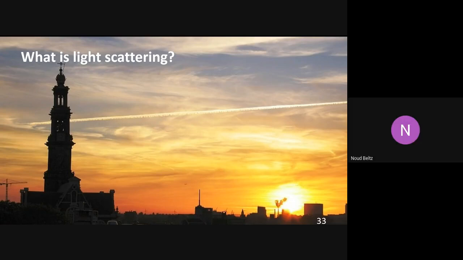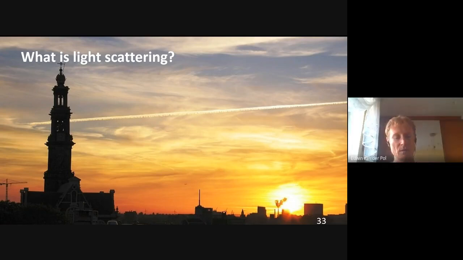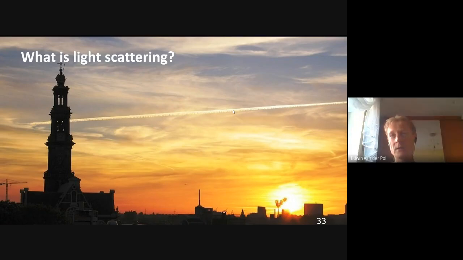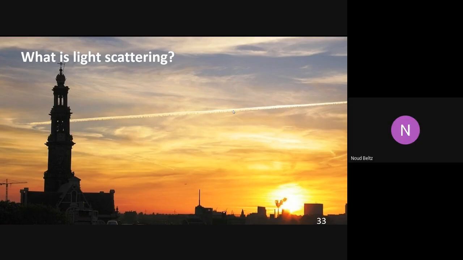So if we go to this sunset here, what's the color of light which the sun emits? White. Yeah, that's white. What does that mean in terms of wavelength? All wavelengths. Like all the colors combined. At least all we can see. That's fine. All wavelengths.